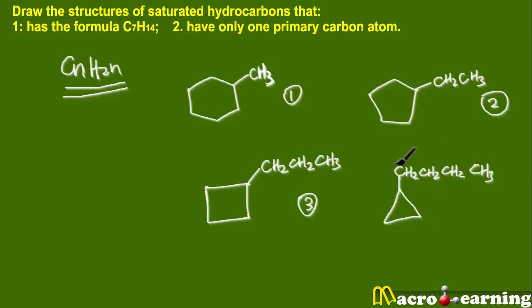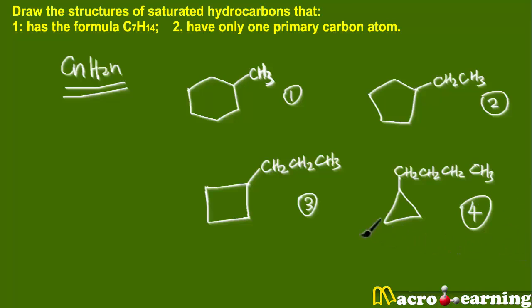If there is more than one substituent on the ring, that would give you more than one primary carbon atom, because each substituent will have at least one primary carbon. That's why if we want to have only one primary carbon, we're going to have only one substituent. No more substituents.